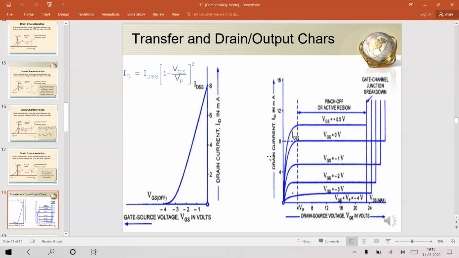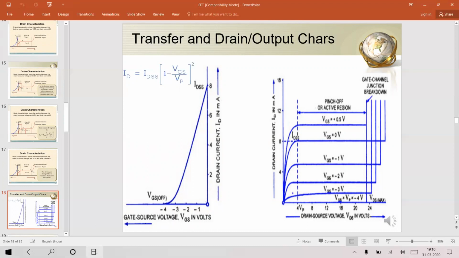So detailed characteristic curves are given for representing the FET behavior. Even the breakdown region is shown beyond the specified value of VDS.